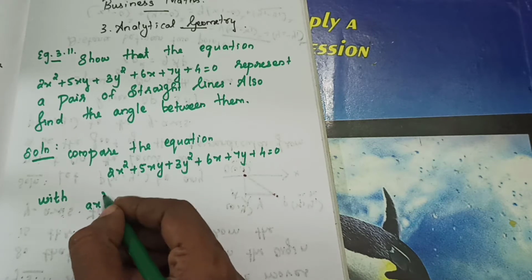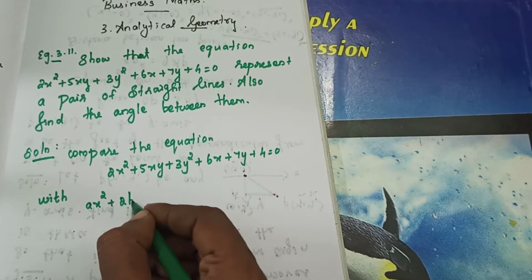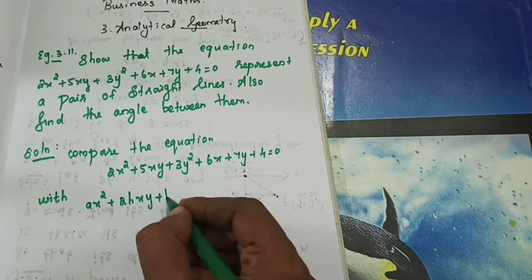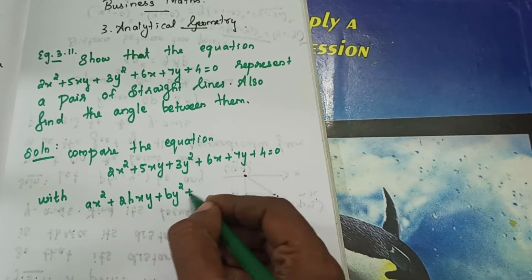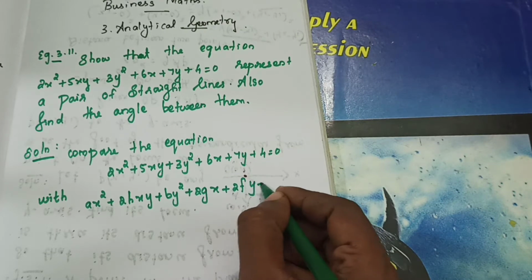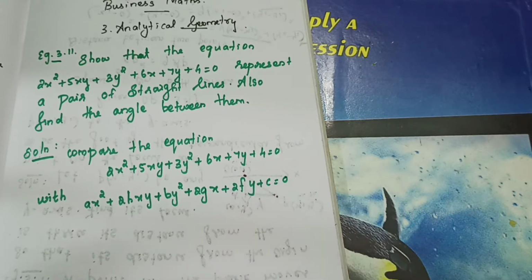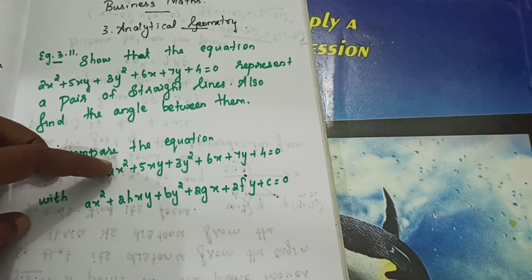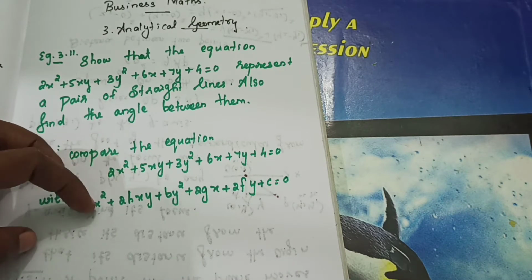Last class I gave that, it is ax square plus 2hxy plus by square plus 2gx plus 2fy plus c is equal to 0. Okay, so we are going to compare this equation with this one.